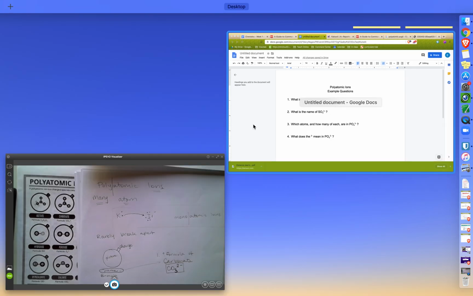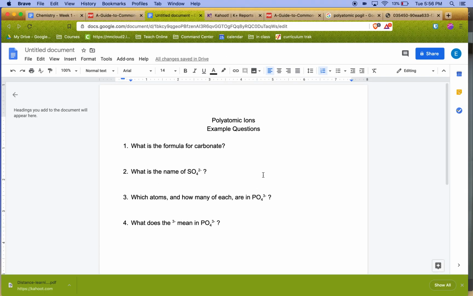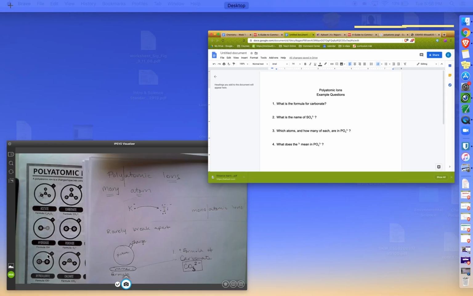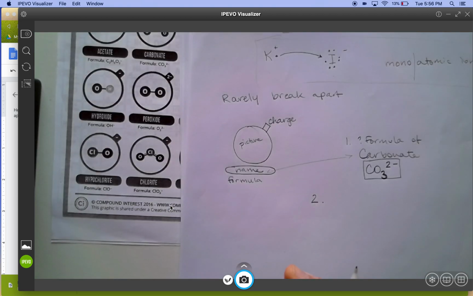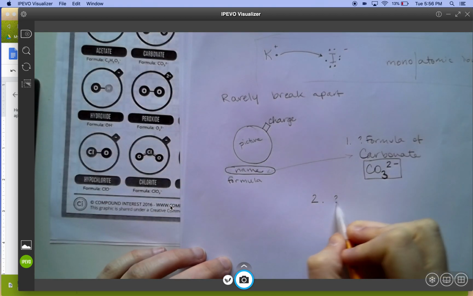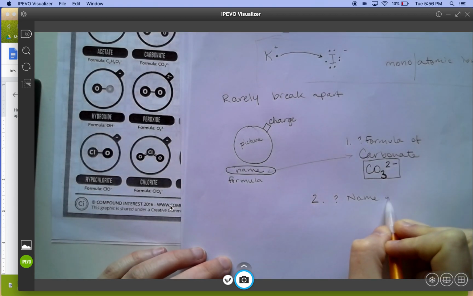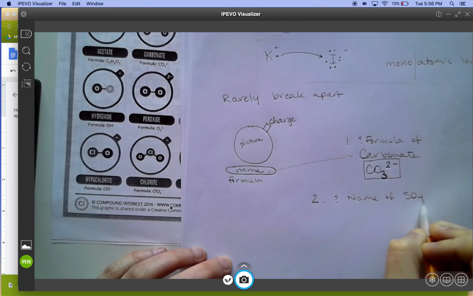Let's do your next question here. Next question, what is the name of SO4 2 negative? Okay, so here you're given a formula and you're going to find the name. So we're looking for the name of SO4 2 negative.